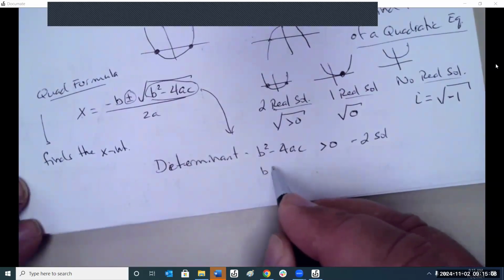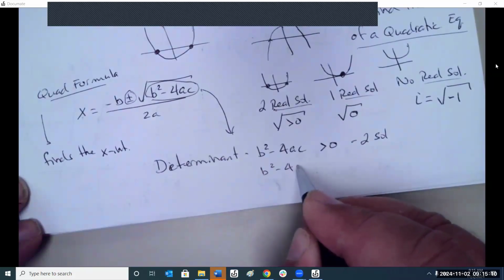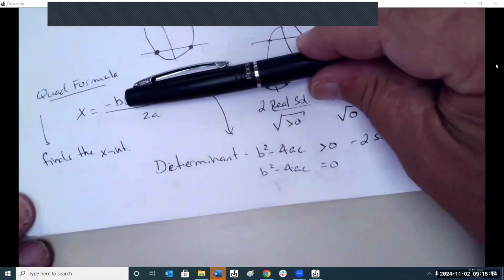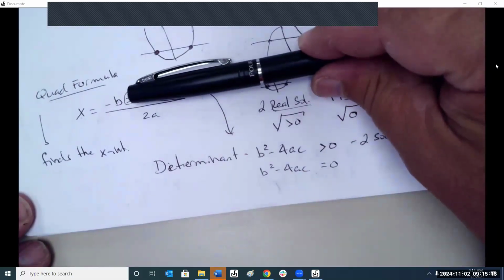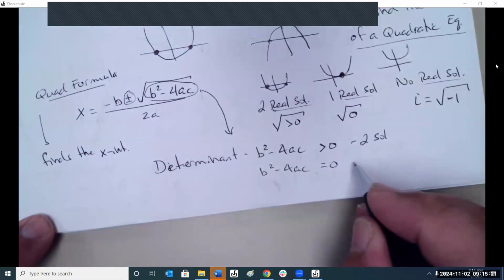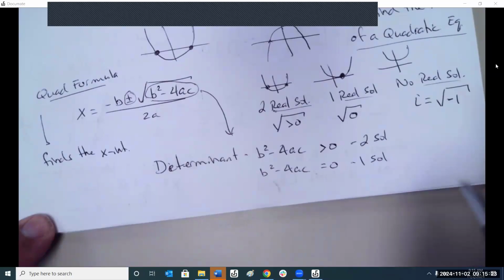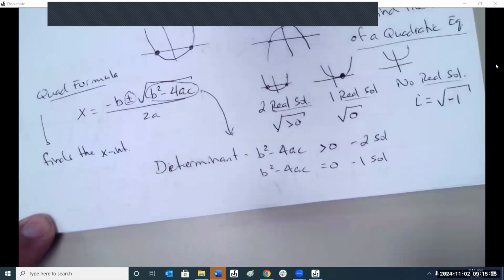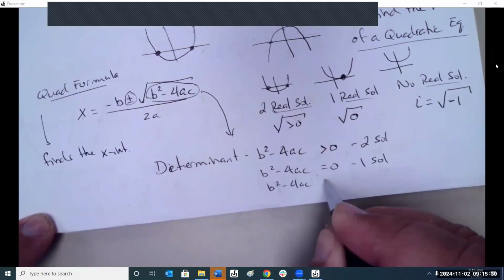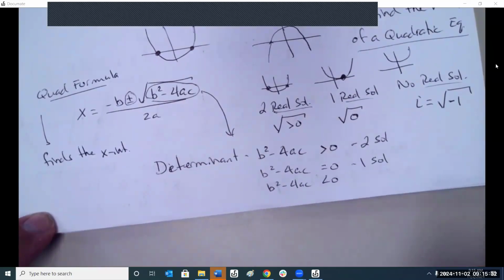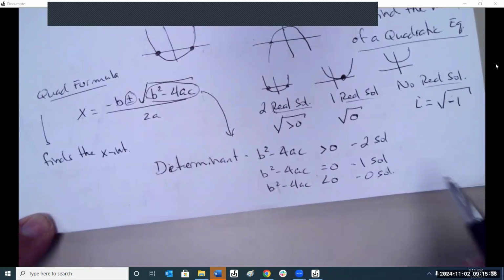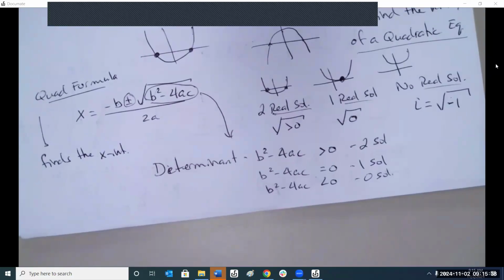If this determinant equals 0, then that part disappears. All we have left is negative b over 2a. That means there's only one solution, and that's negative b over 2a. If it's negative, that means it's imaginary, then we have no solutions. No x-intercepts.